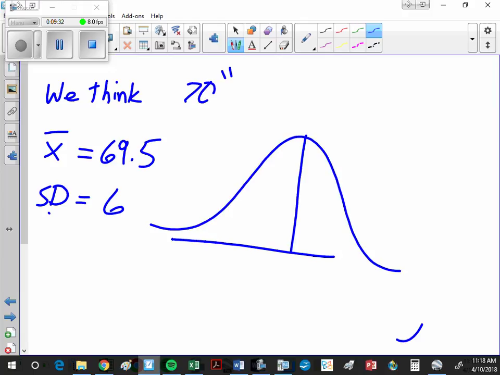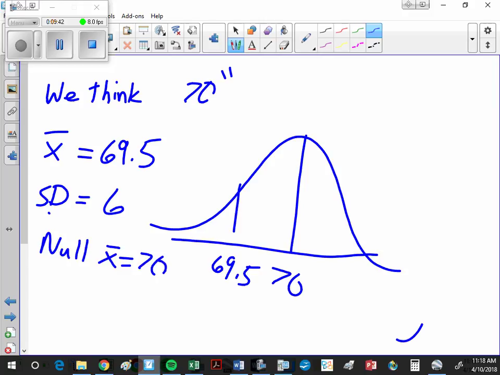So I put my 70 here. I put my 69.5 here, and I say that my null is X bar equals 70, and my alternative is X bar is less than 70. Okay. And my confidence will be 5%. So I need an SE average.